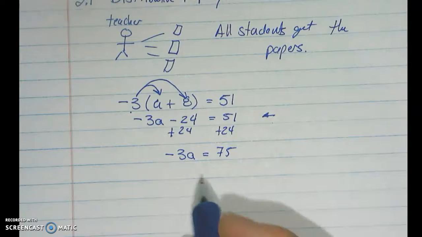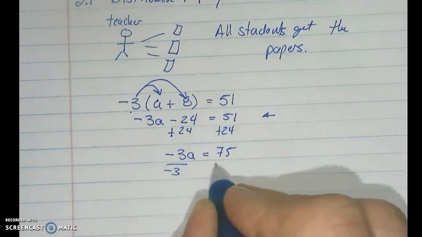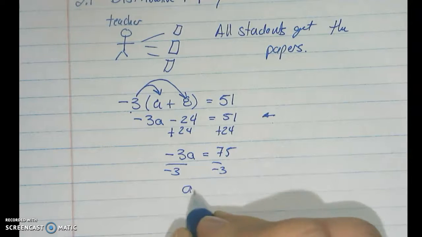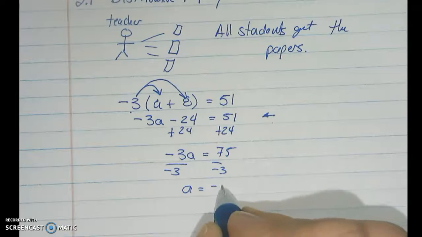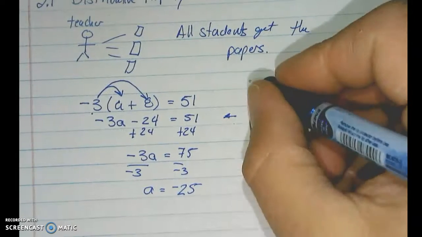Multiplying it. There's no addition in it. So I'm going to divide by negative 3. So a is equal to 25. And then I'm going to check.